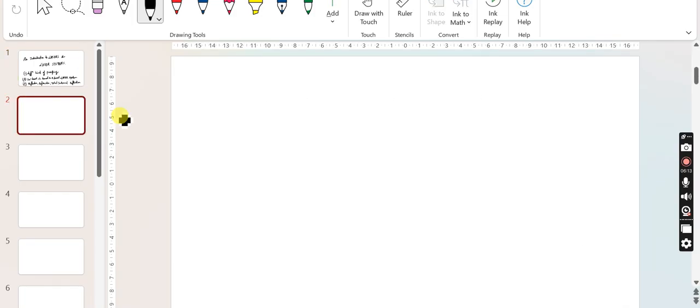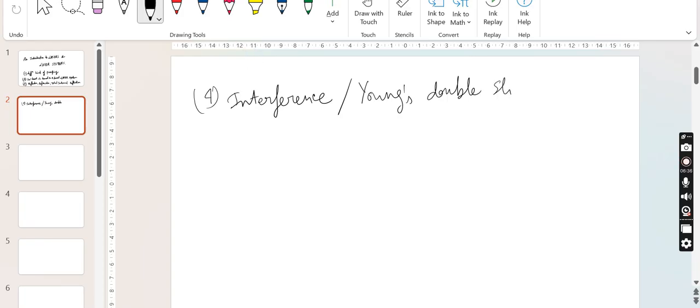And fourth, he started the concept of interference, just started the Young's double slit experiment. First, I will go through everything briefly, then I will discuss some previous year quiz questions and some extra questions.